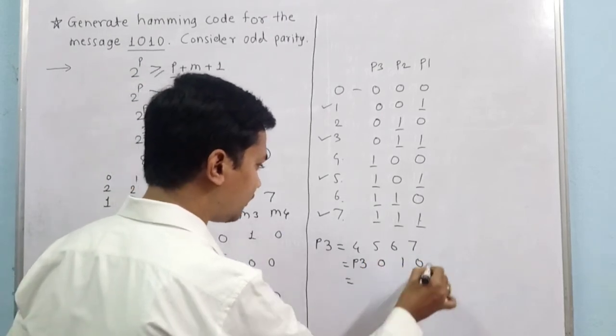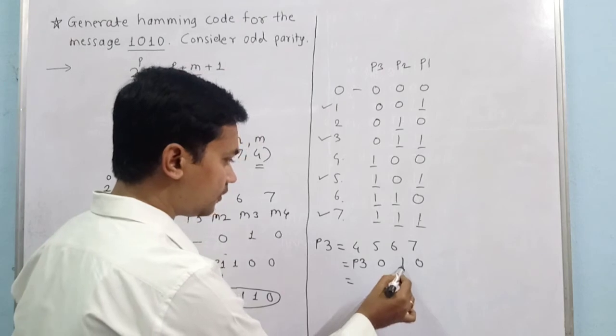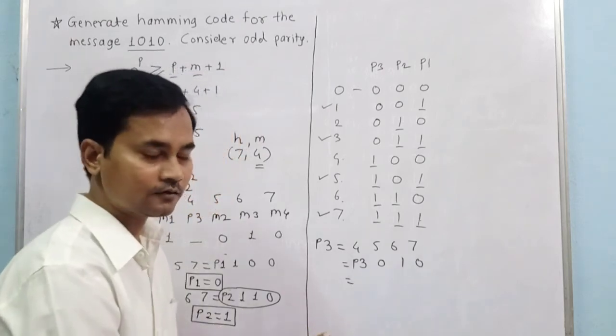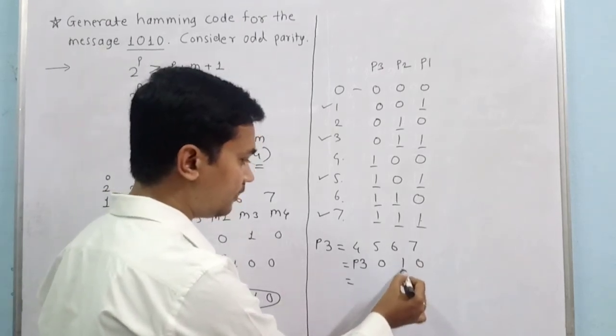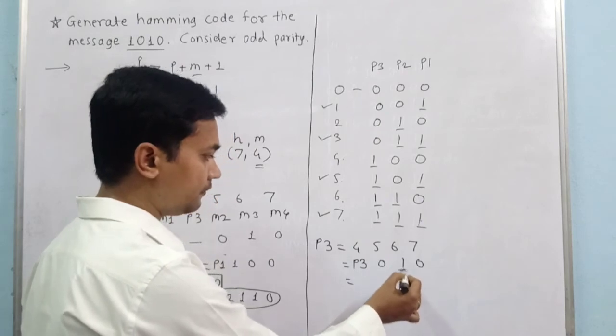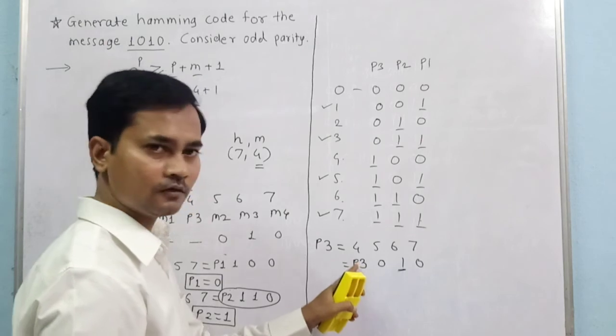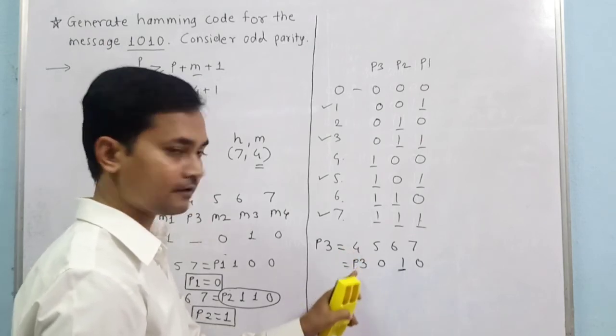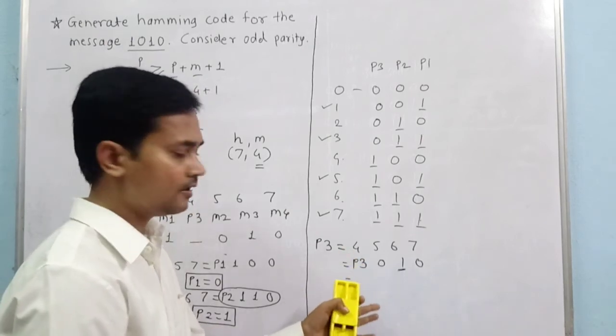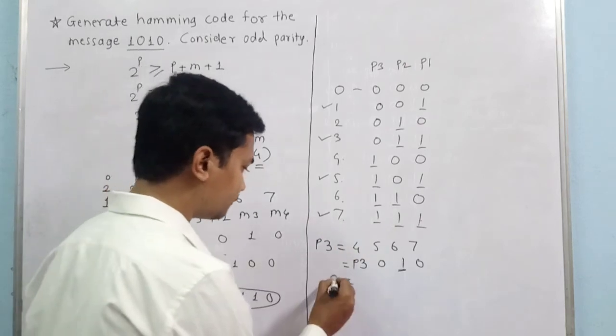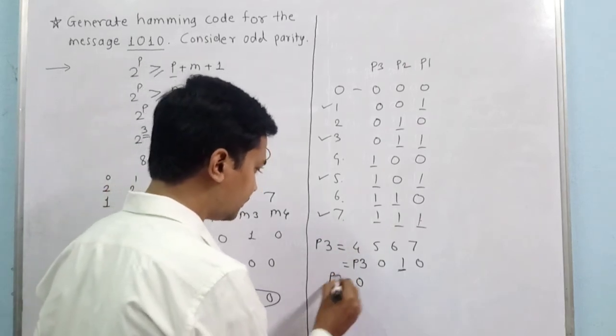To make it odd parity, the number of ones should be odd. Only one logic 1 is available, so there is no need to write 1 here because it is already in odd parity. So just make this P3 bit 0. P3 is equal to 0.